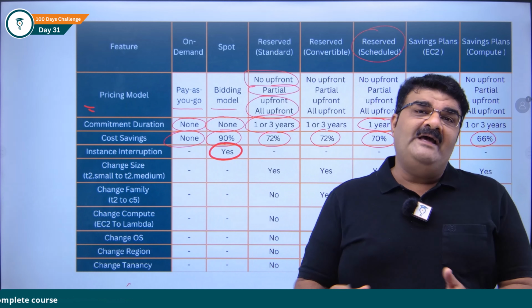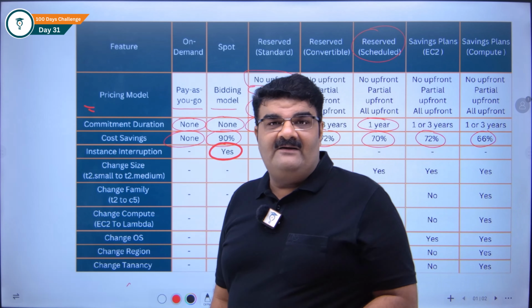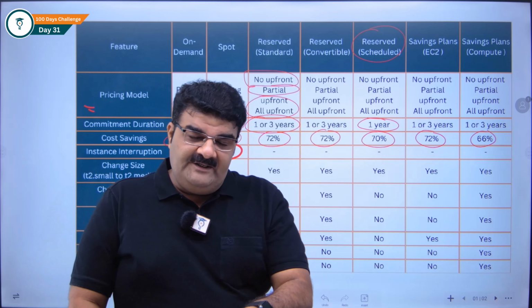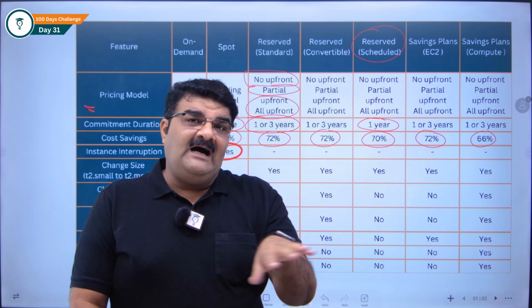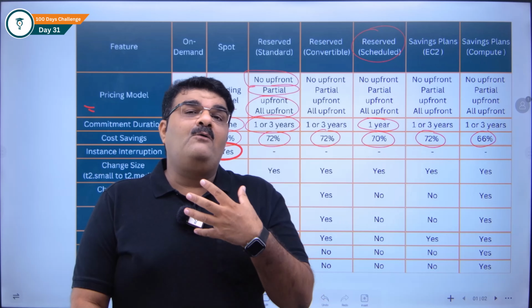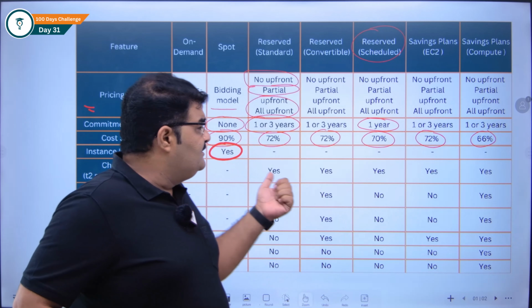Now, you may have this question: if AWS will terminate this instance, then I will be in trouble. But no. Below this video, I am going to give you a link to an article. You can read it and find out how companies are saving 90% of money by using spot instance.